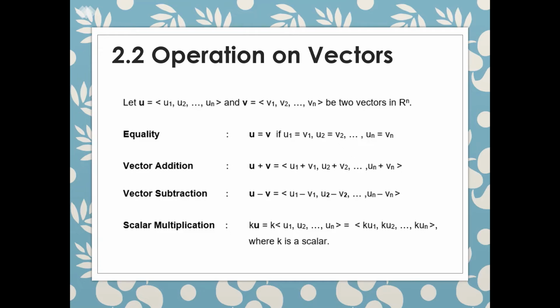If k is a scalar and u is a vector, ku is obtained by multiplying all components in vector u with the scalar k, that is, ku1, ku2, ku3, and so on. Take note that two vectors are parallel if one of them is a scalar multiple of the other vector.